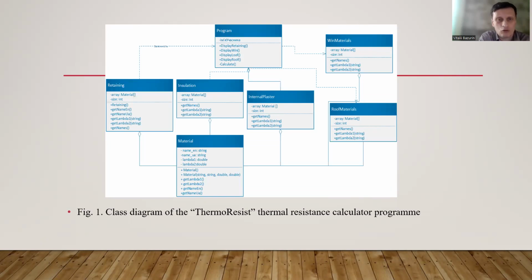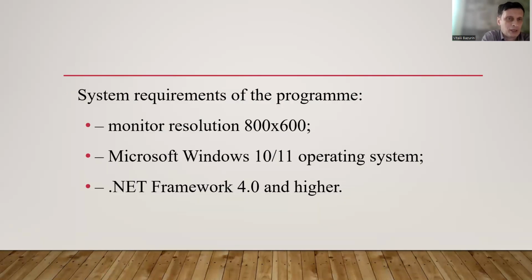The class diagram of the ThermoResist thermal resistance calculator program is shown in figure 1. System requirements of the program: monitor resolution 800 by 900, Microsoft Windows 10 or 11 operating system, .NET Framework 4 and higher.